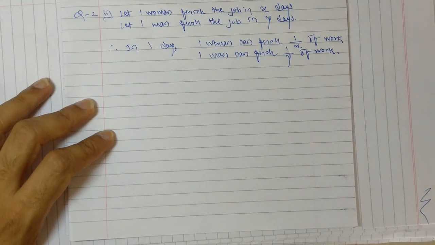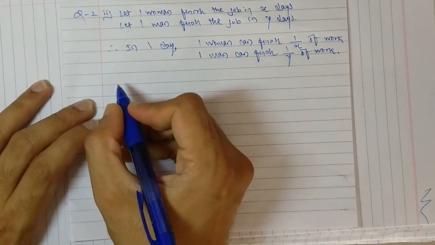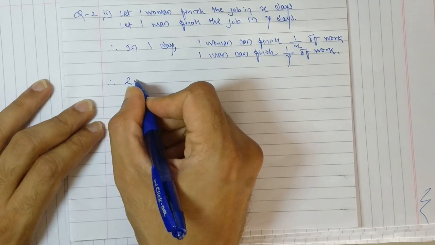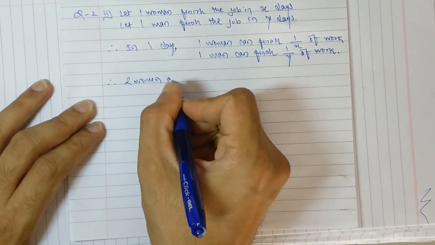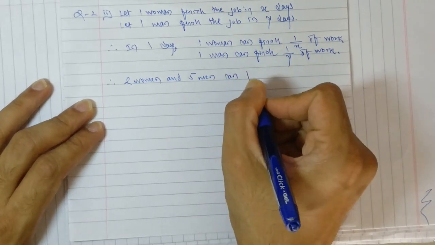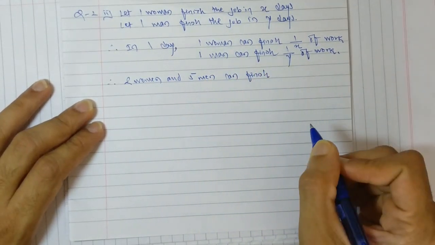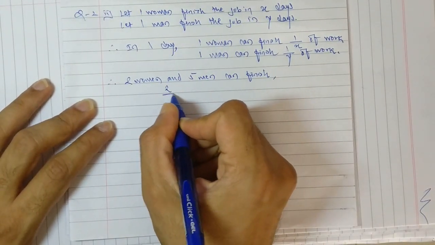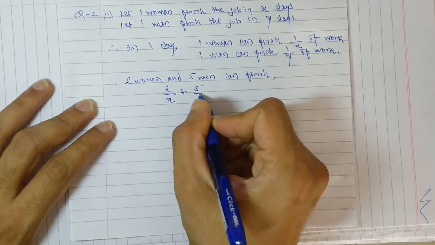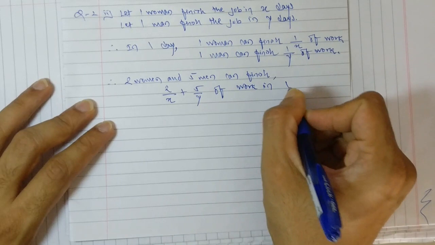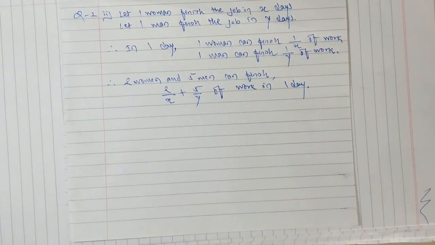2 women and 5 men can together finish an embroidery work in 4 days. Therefore, 2 women and 5 men can finish 2 by X plus 5 by Y of work in 1 day. So what did I do?